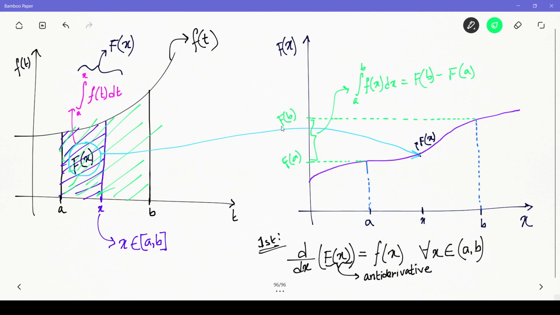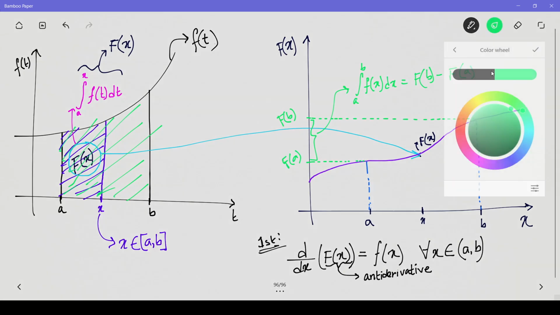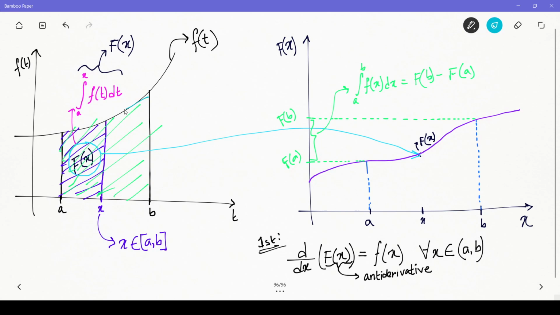Okay, so capital F of b of course resembles what? This whole area, right, from b to minus infinity. And the value of capital F of a, which is the antiderivative functional value at a, is what?